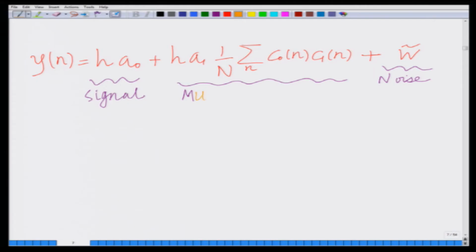This is the multi-user interference component, and we are going to denote this by MUI, which is for multi-user interference.